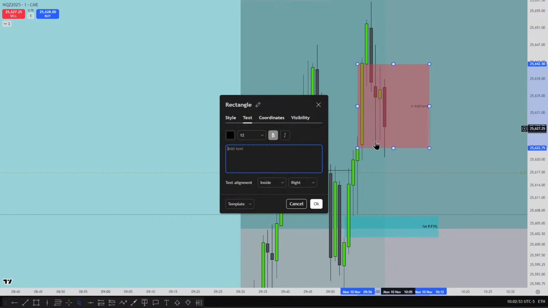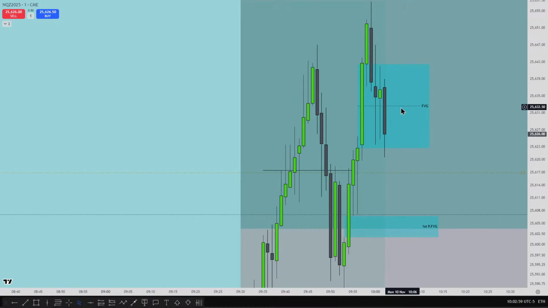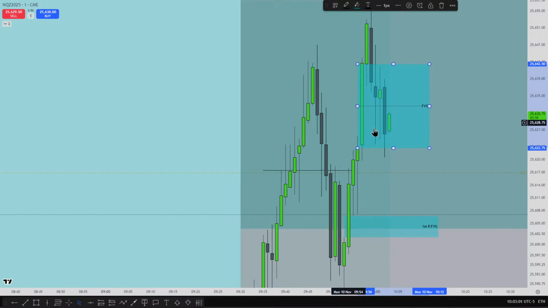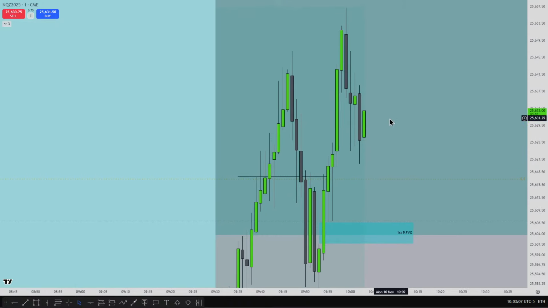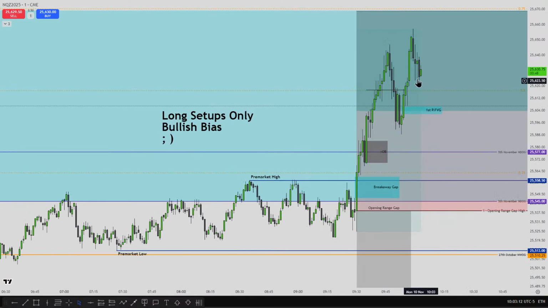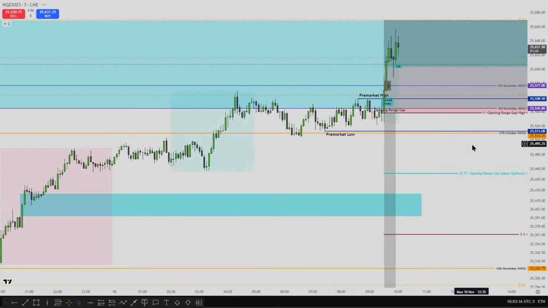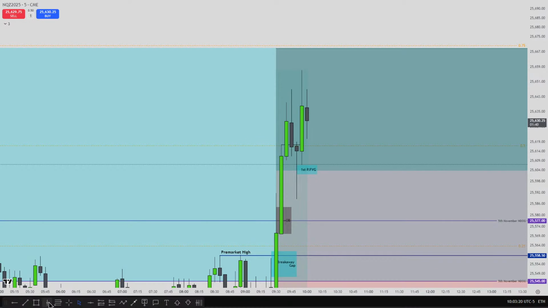That's another one. Let's see if price. Nah, okay. I'm ignoring this for now. I'm going to keep it in mind, but I'm not going to have it on the chart. But I do want to see active support. So the 5 minute. Here's that 5 minute bullish order block high.